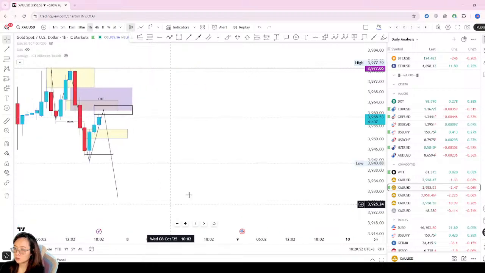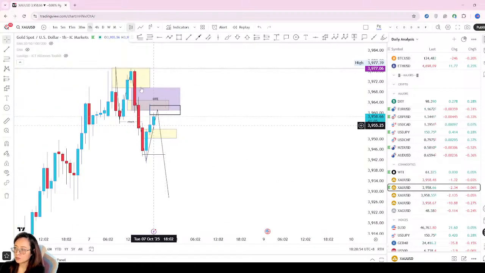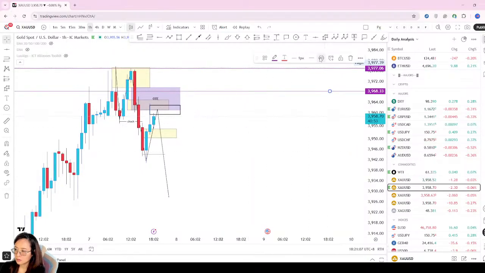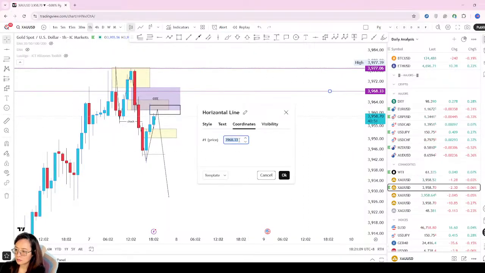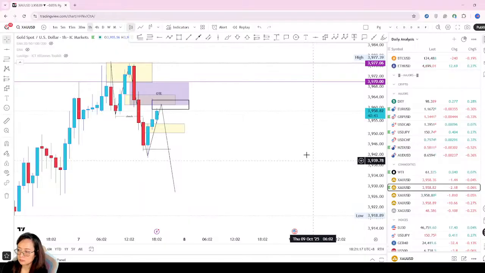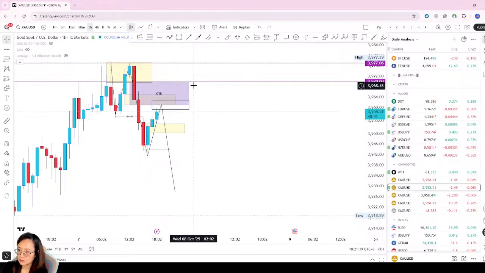So if I want to put a round number, I would just say 39.70 gonna be another sell zone, plus or minus a few pips. Somewhere around that. This first sell zone, second sell zone there, okay.